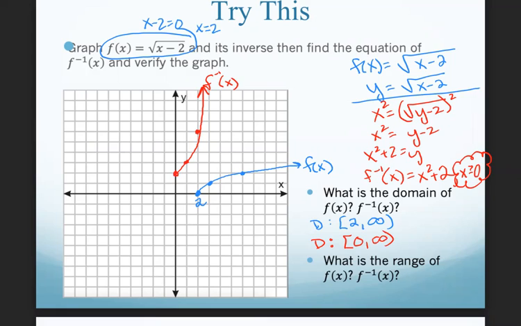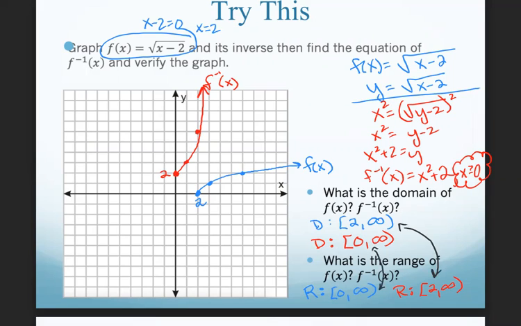How about the range? Well, the range for the blue one starts at 0 going up. So that is from 0 to infinity. And the range for the red one starts at 2, the y values, so from 2 going up to infinity. If you notice, the domain and the range switched.